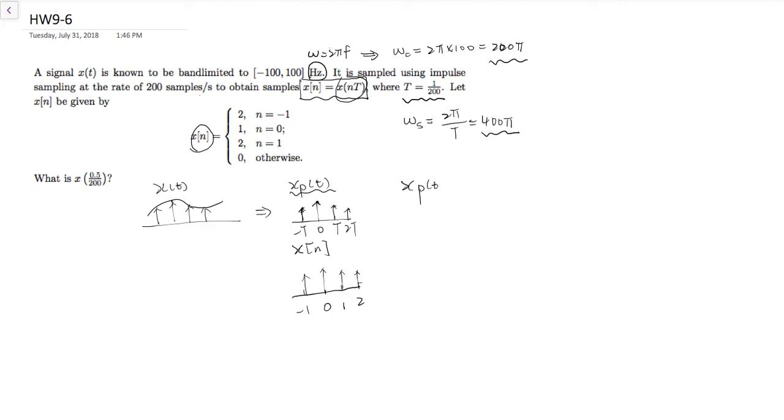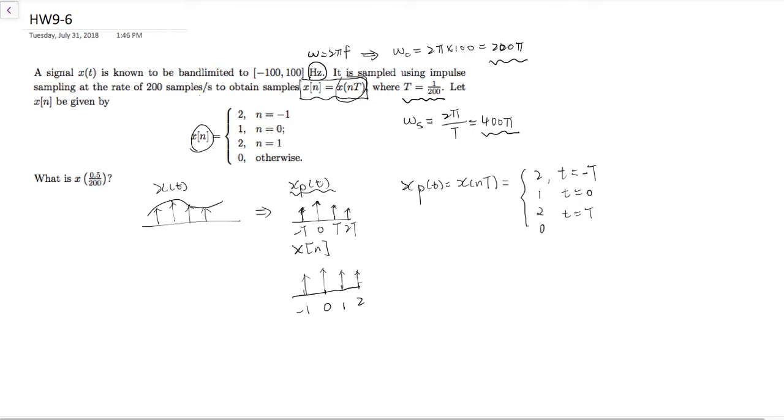So we can find our signal using this equation, when t equals negative T, equals 0, t equals T, or otherwise. So we can use a summation of impulse signals and the time shifts of impulse signals to represent our sampled signal.